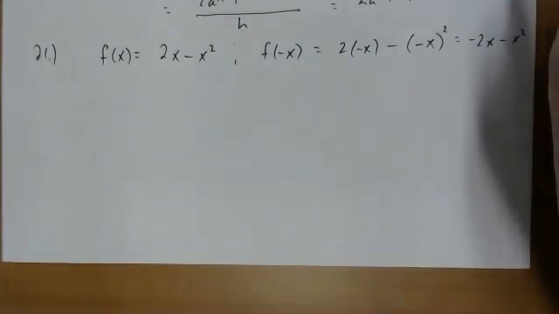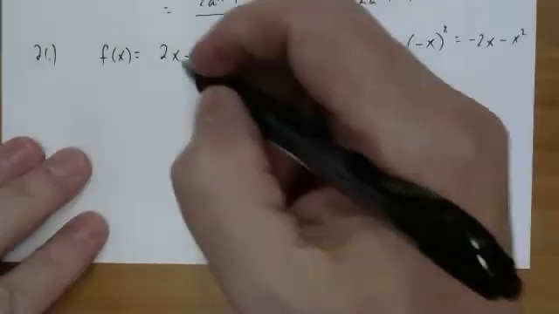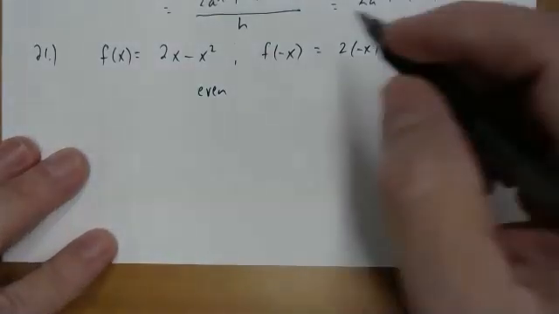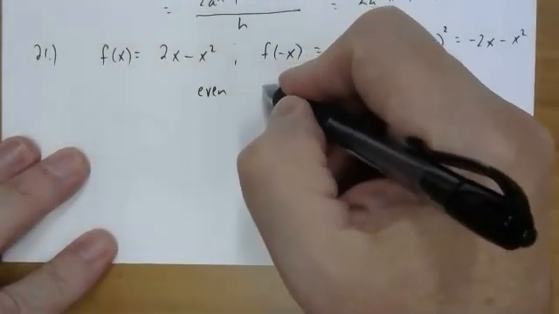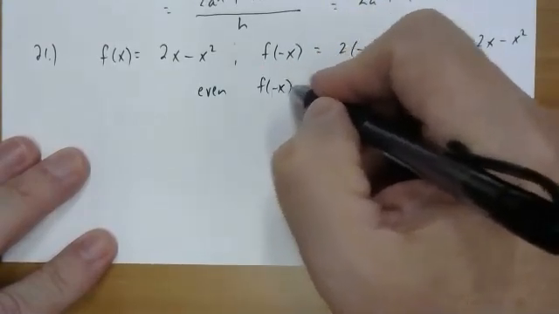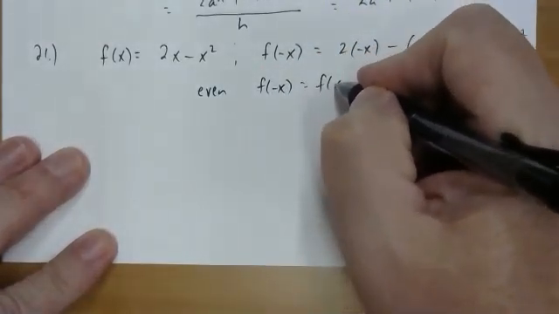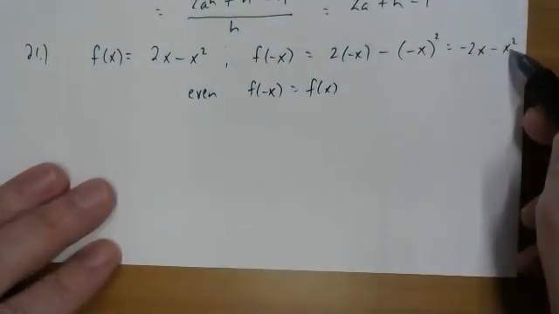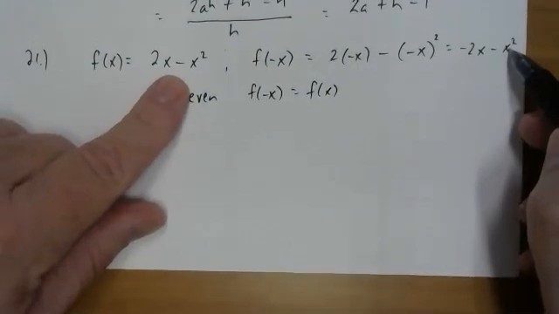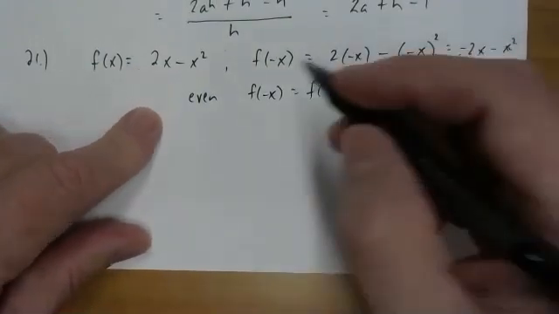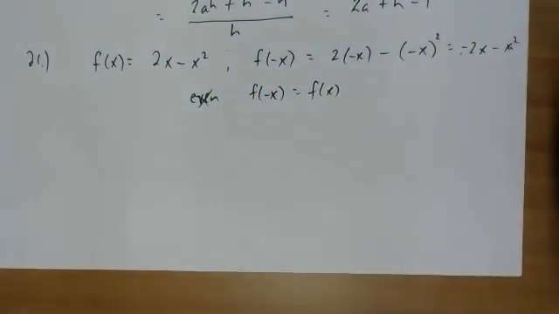Now you ask a couple of questions. Here's the check to see if it's even: does f of negative x equal your original function? Here's f of negative x. Is it the same as our original function? It's close, but you notice here I got a negative. So therefore, this is not an even function.